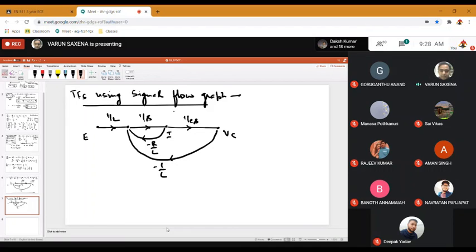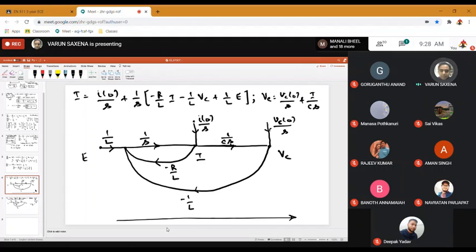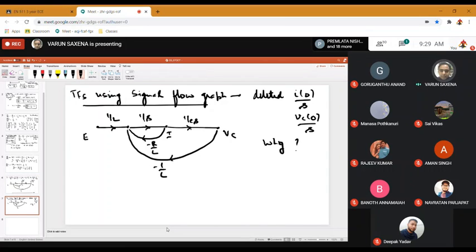Now I have deleted from this graph I0 by S and Vc0 by S. Now can you tell me why? I'm evaluating transfer functions from signal flow graph, so I have deleted the contributions of I naught. So if you look at the previous graph, this contribution, this branch, and this contribution which is denoted by this branch, I have deleted in this graph. Why? Can anybody tell me?